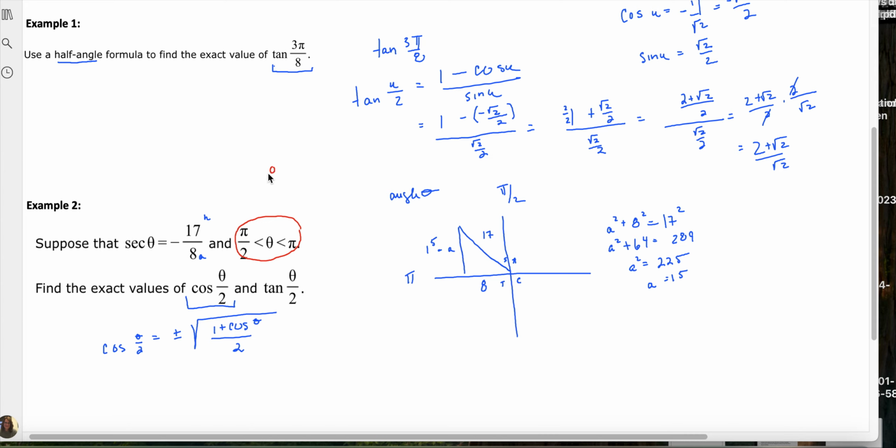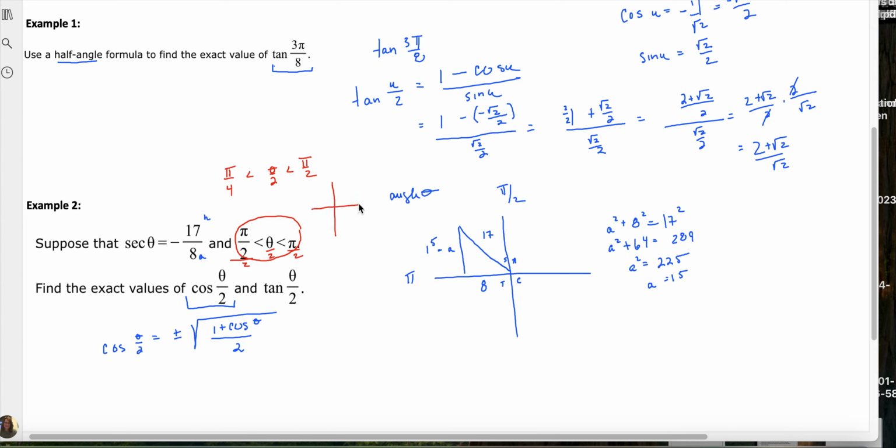So really we need to divide all of these by 2. We need to manipulate that inequality. So theta over 2 would be in between pi over 4 and pi over 2. So think about it. What does that mean?